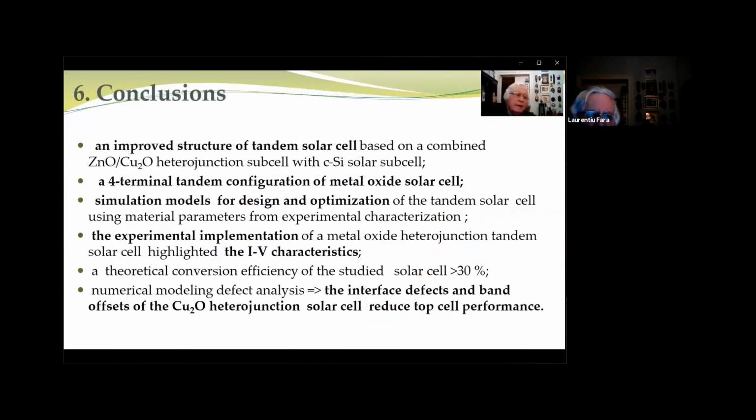Okay, the last point of my presentation is regarding the conclusions of the contribution.